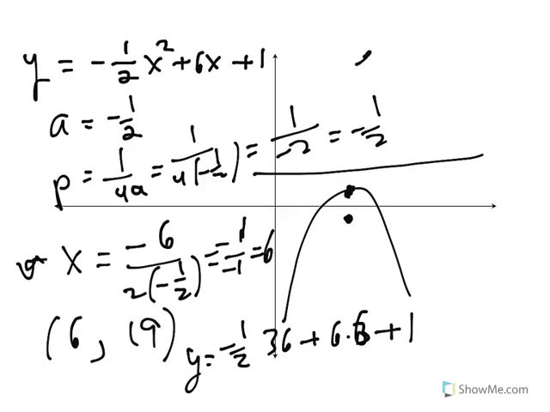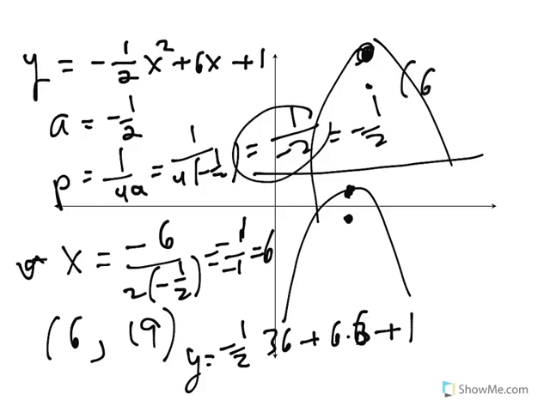So this thing's actually way up here. So 6, 19 is the vertex. The focus, which is 1/2 below that vertex, is going to be still 6, but it's going to be 18.5. And the directrix is going to be above the vertex now. So it's going to be y equals 19.5.